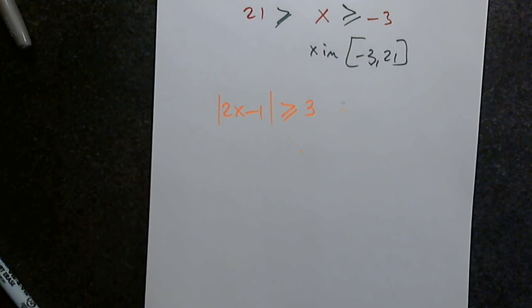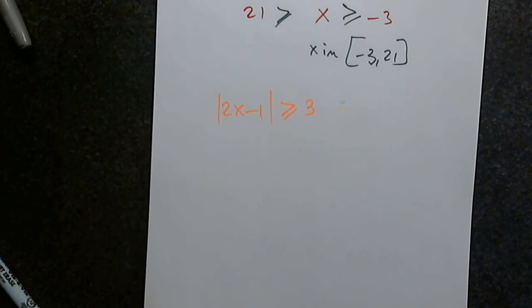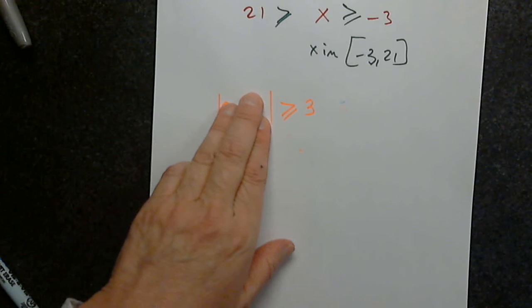What is the idea now? The idea is we don't have to memorize. Please try not to memorize this, because once you understand it, you don't have to memorize it.